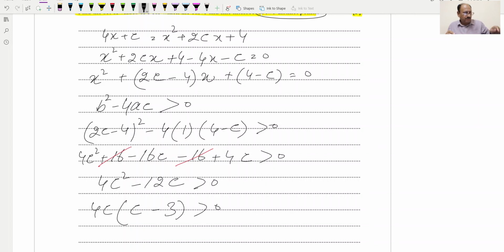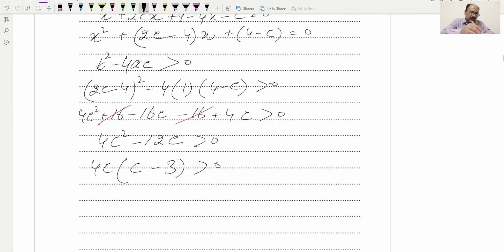And now if we draw a rough sketch to understand the values, what we can do is draw, for example, a quadratic graph. It is opening upward, so the y values will be like this, and it's passing through 0.